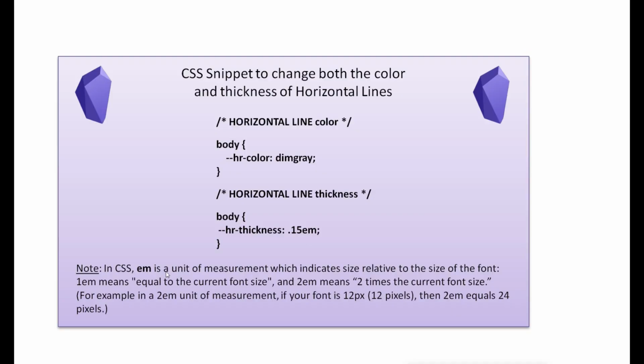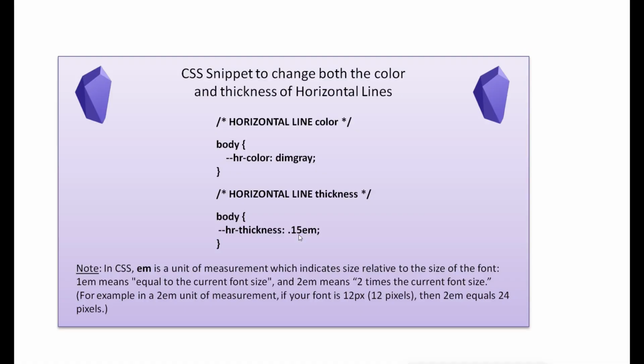For example, in a 2 EM unit of measurement, if your font is 12 pixels, then 2 EM equals 24 pixels. I'm making the thickness of the line here 0.15 EM, and you're going to see that's actually thicker than the default size of a horizontal line in an Obsidian vault.